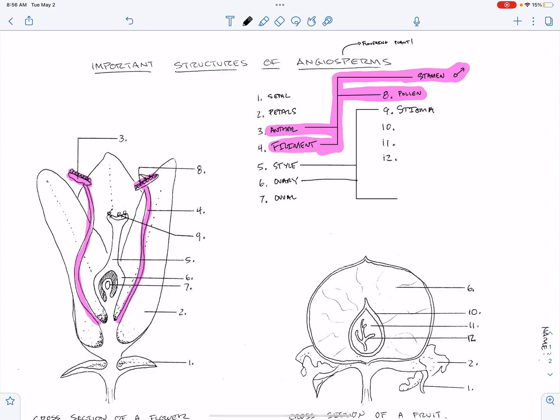So the stigma is often a little bit sticky. And when pollen grains land on the stigma, they get stuck there. And then they actually grow what's called a pollen tube down the length of the style, and they fertilize the egg contained within the ovule.